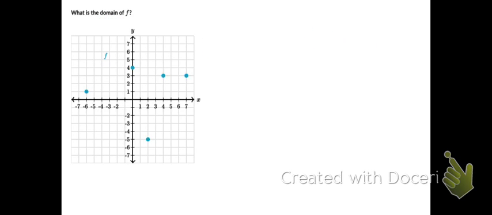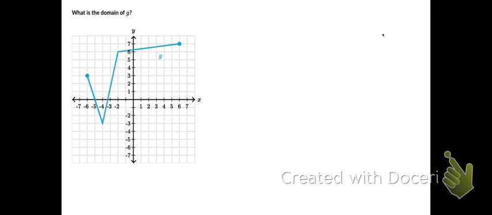Now, if instead of points we have a line, the line consists of a series of points, right? They're all smushed together. So if you think about this, there are x-coordinates from here all the way to here.